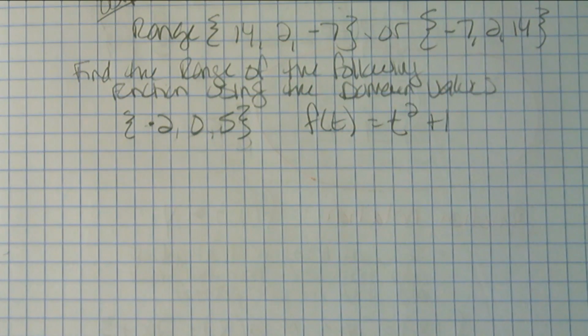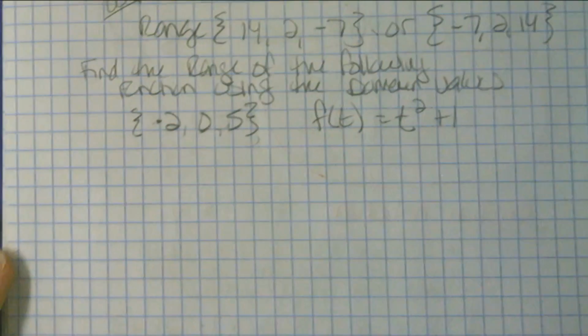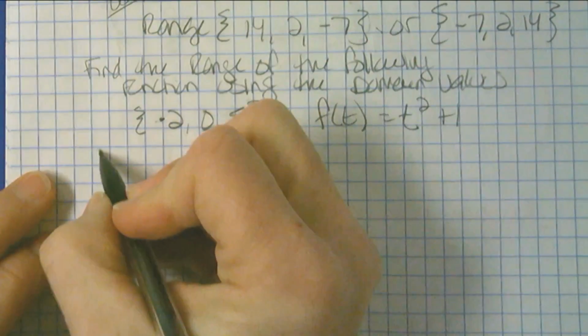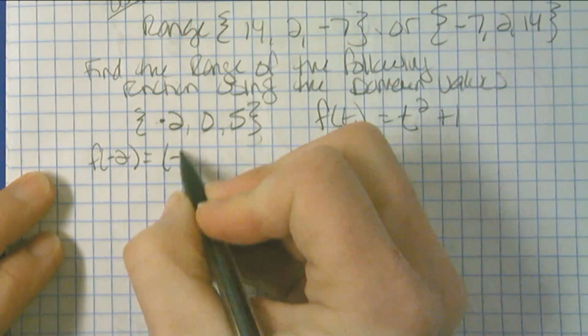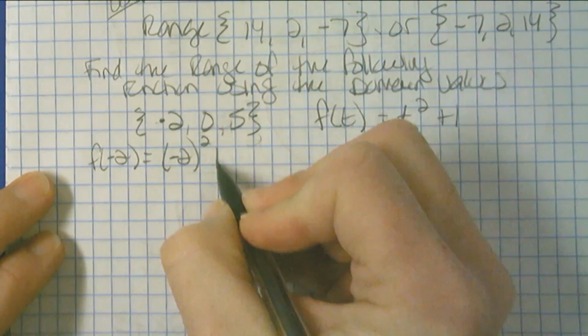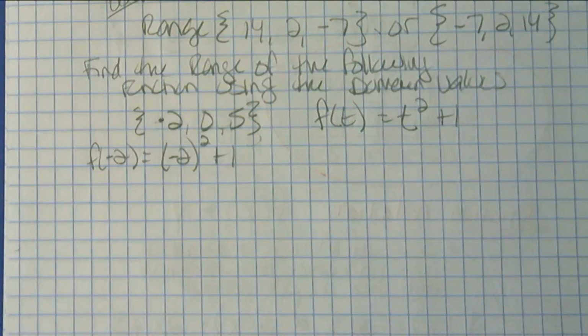Remember, your domain values are the variable inside that equation, so it's the t. Make sure you put that -2 in parentheses, because that -2 is the entire base.